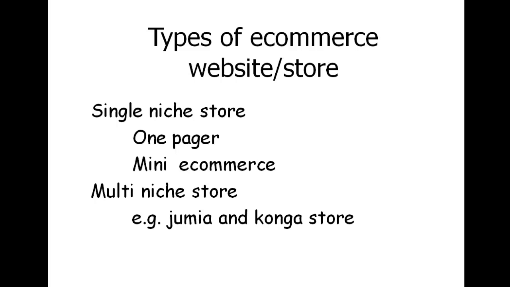For example, maybe you want to sell men's products, probably menswear. Under menswear, you can sell shirt, trouser, boxer, shoe. All this has to do with men. So this can be done under a mini e-commerce store.